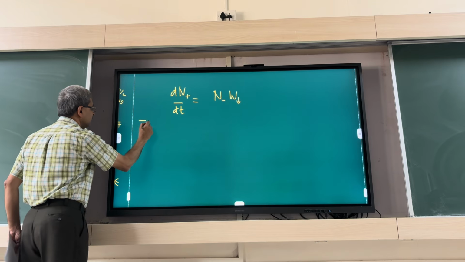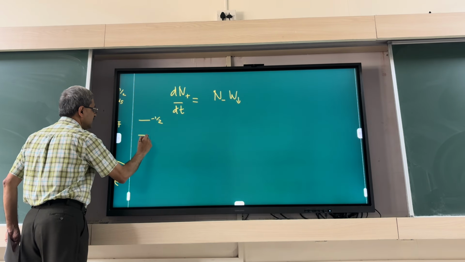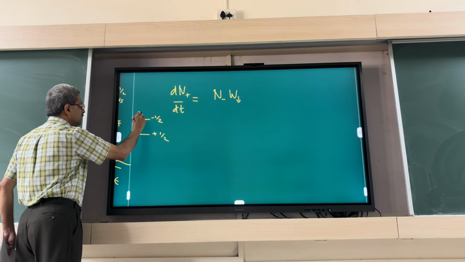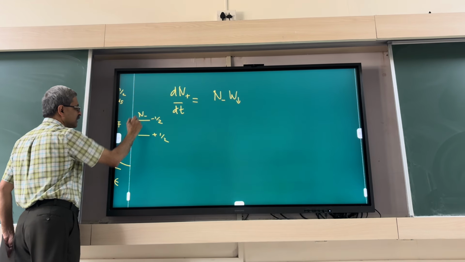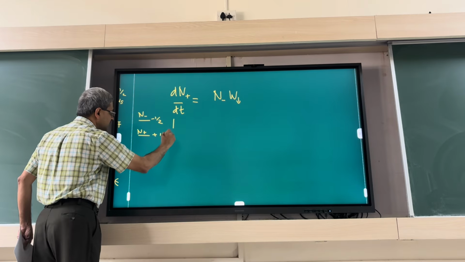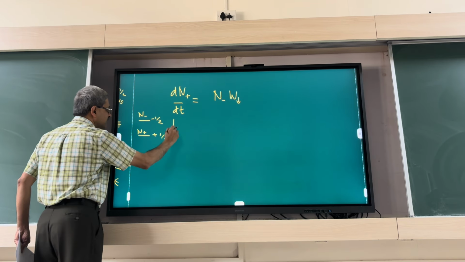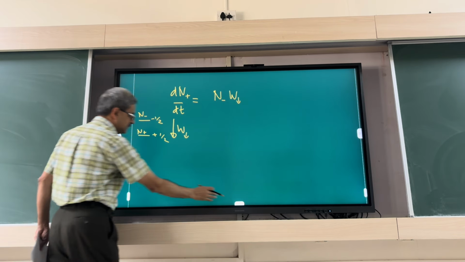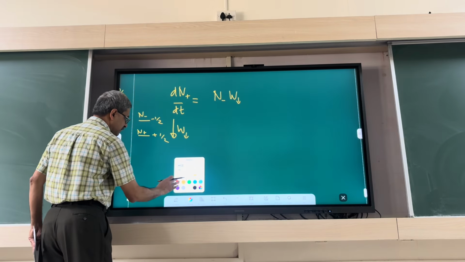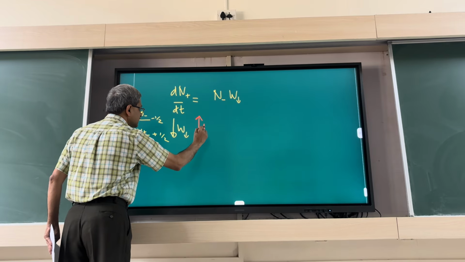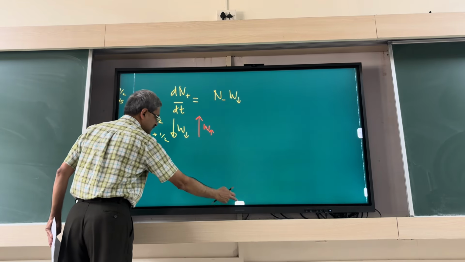Remember, we have minus half and plus half: n minus in the upper level, n plus in the lower level. The transition going from up to down we call W down, and the other transition going from bottom to top is W up.